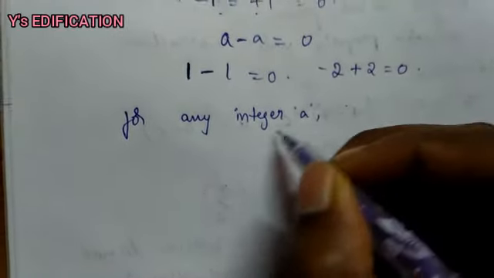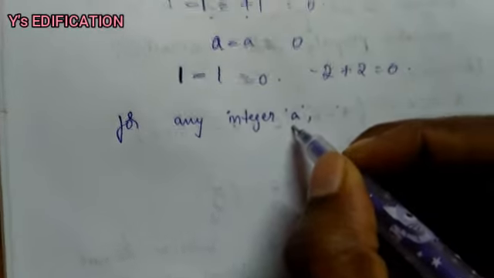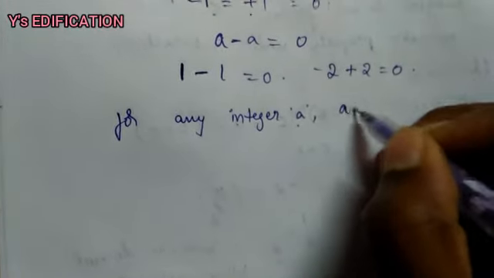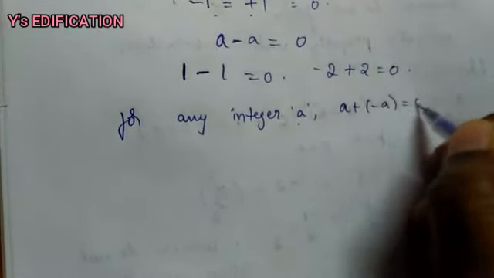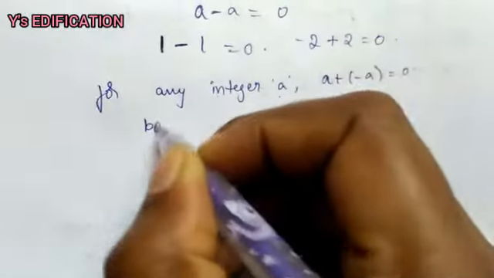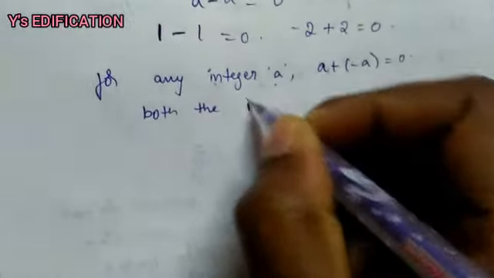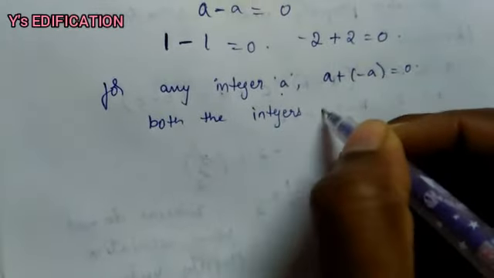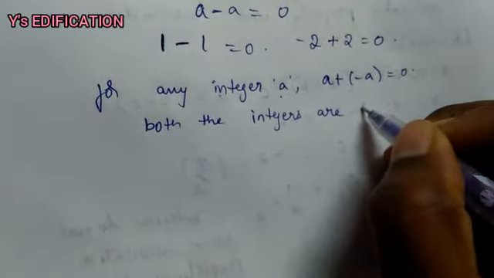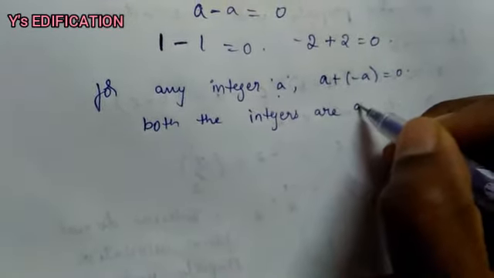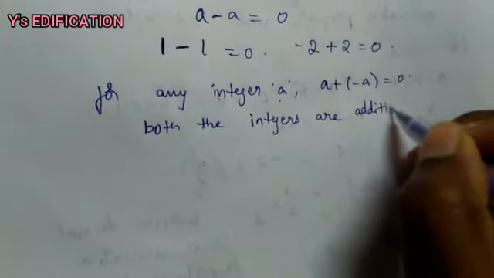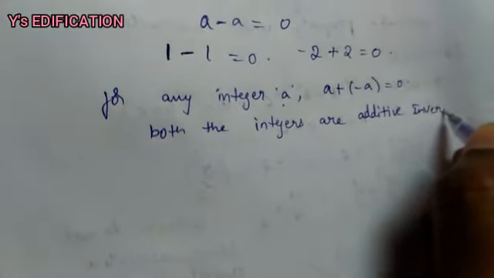We can write a plus minus a is equal to 0. Then we can say that both the integers are additive inverses of each other.